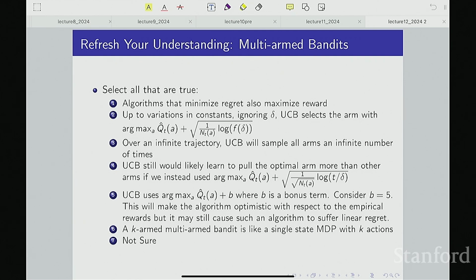As usual, feel free to look back at your notes from last week if you want to refresh your brain on the notation.